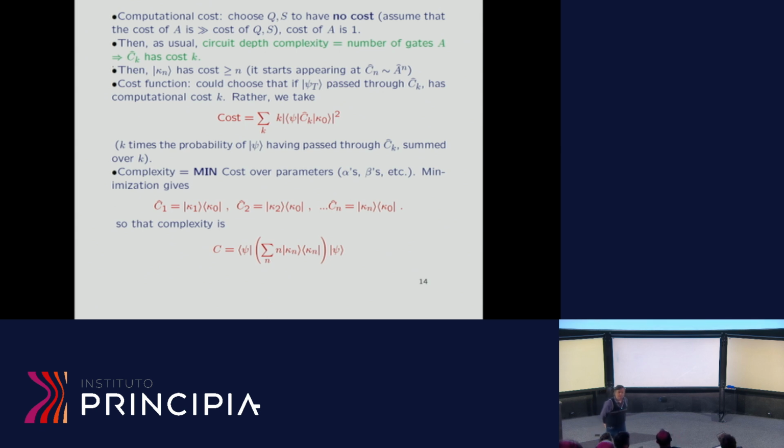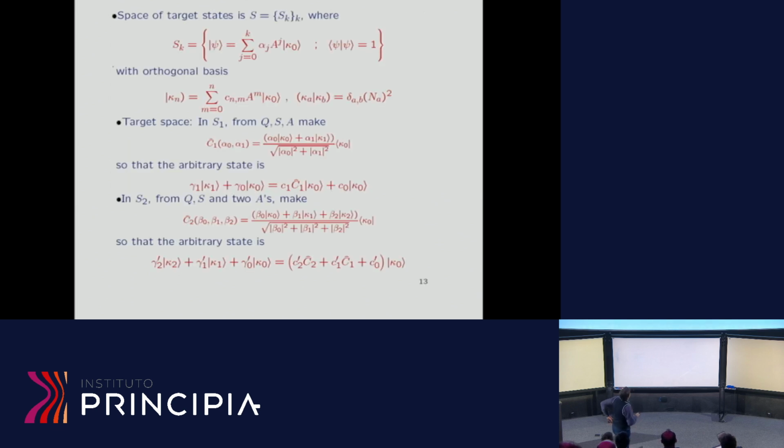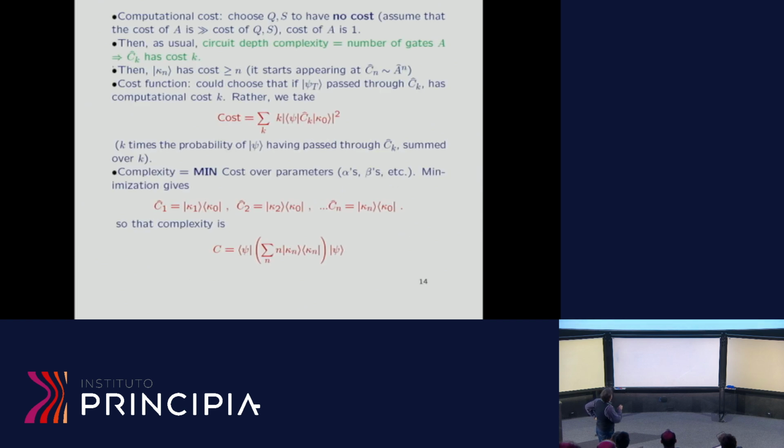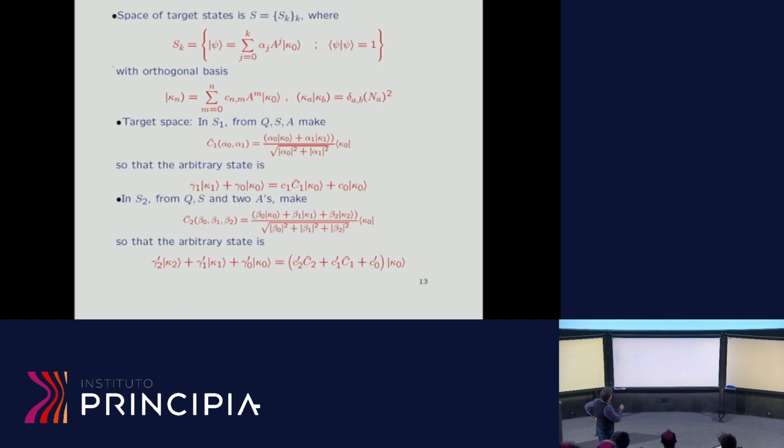So that's why we've defined these objects.